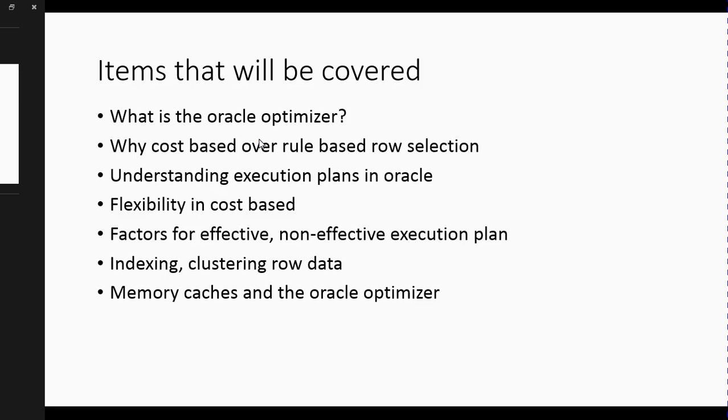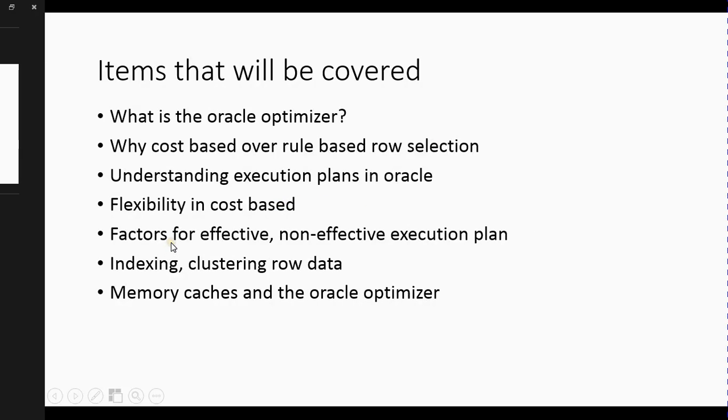I'm going to go into details as far as what an execution plan is. In terms of cost-based, there's a flexibility to it, so I'm going to go into how much latitude you have in using cost-based selection.